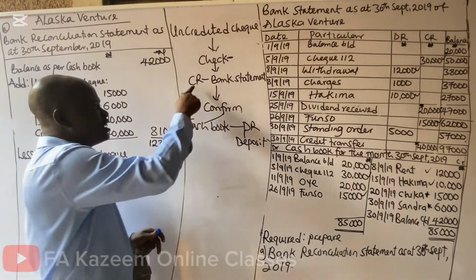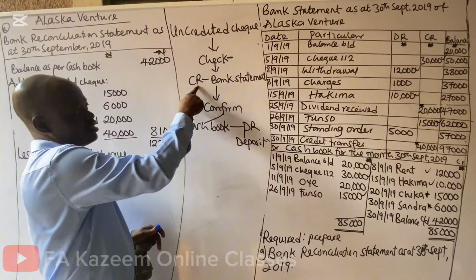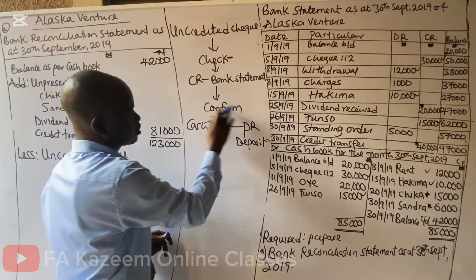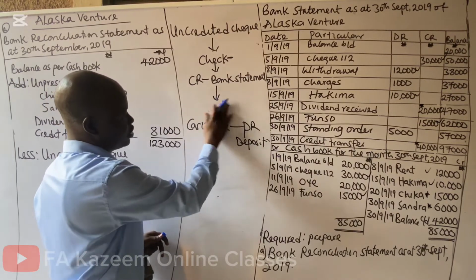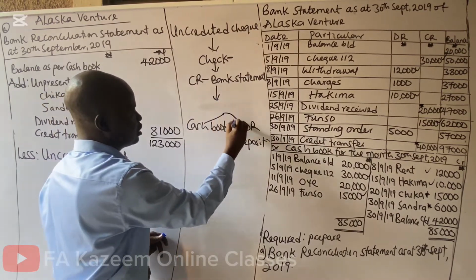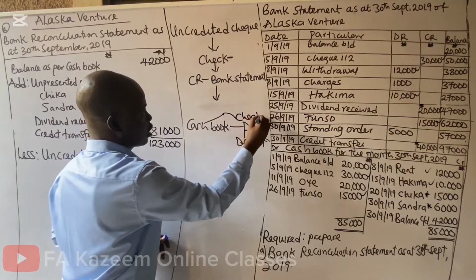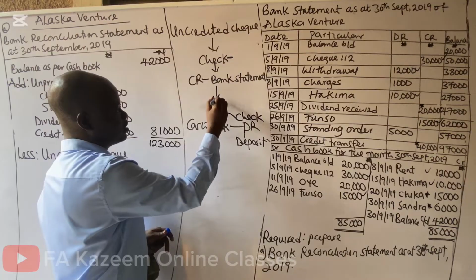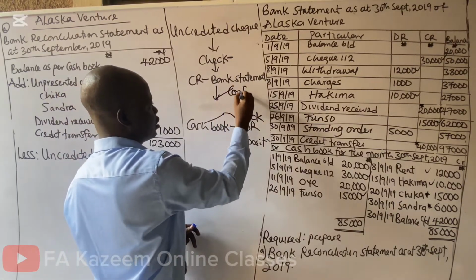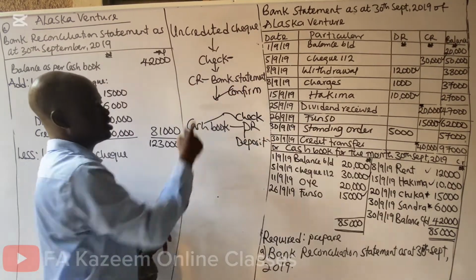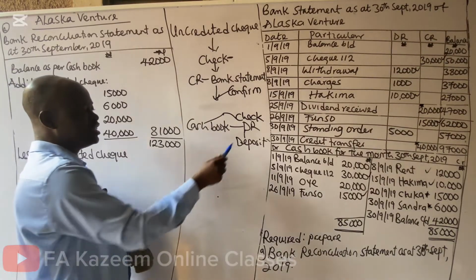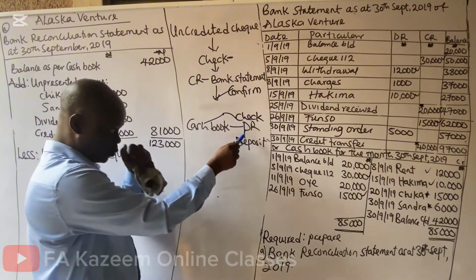Now, how many checks are in the debit side of the cash book, but when confirming, it's not on the credit side of the bank statement? Let's check. We'll check all the deposits in our cash book on the debit side.